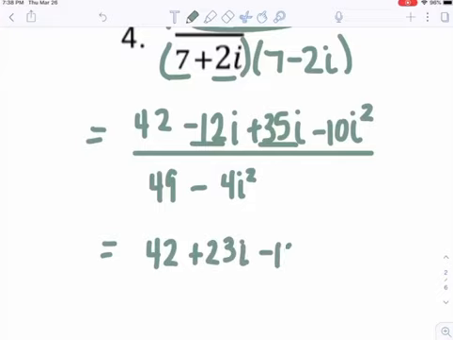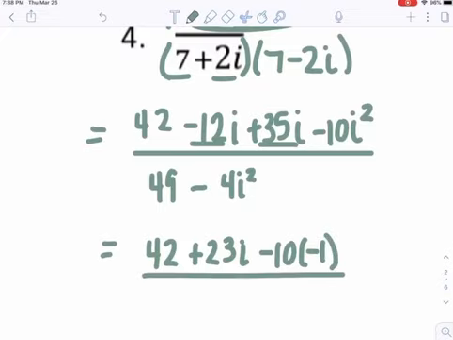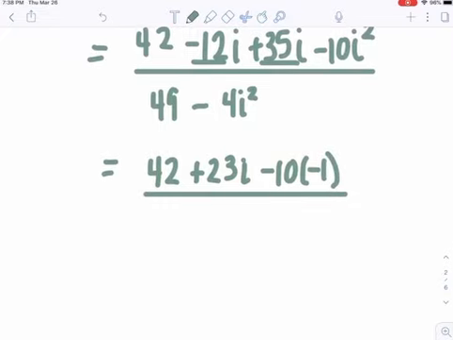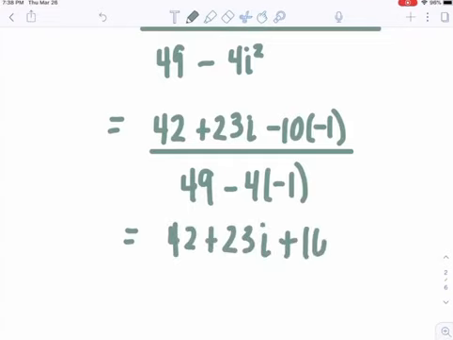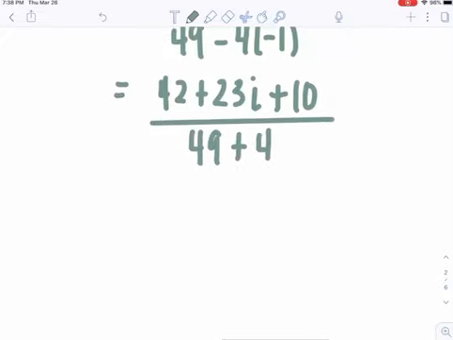And then negative 10i squared is the same thing as negative 10 times negative 1. Again, you could do fewer steps than I'm doing. I'm just kind of writing it out so you could see exactly where all of my numbers are coming from. And this becomes negative 4 times negative 1 because we know i squared equals negative 1. So 42 plus 23i plus 10 all over 49 plus 4.